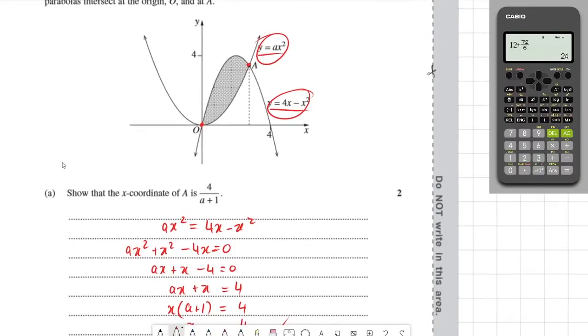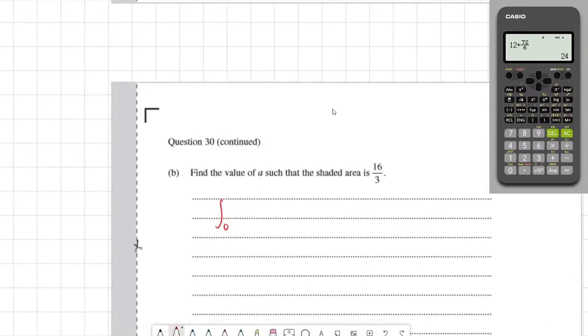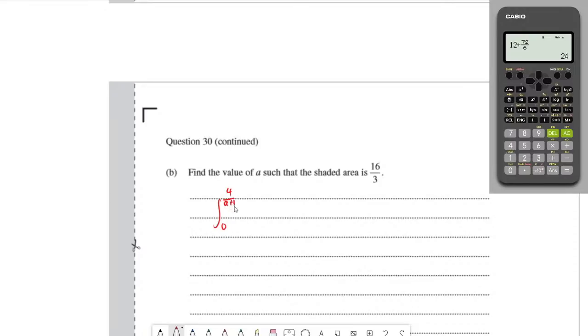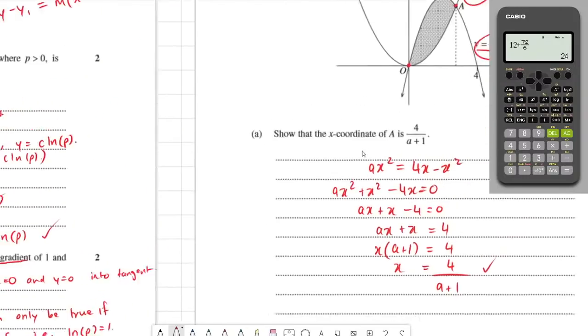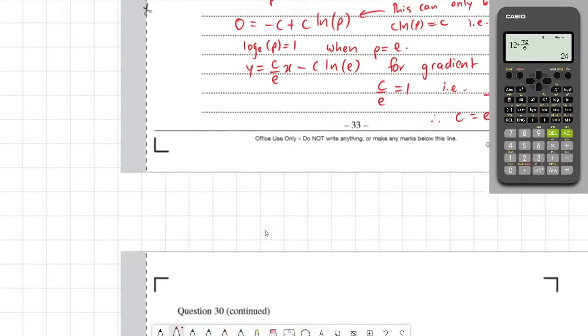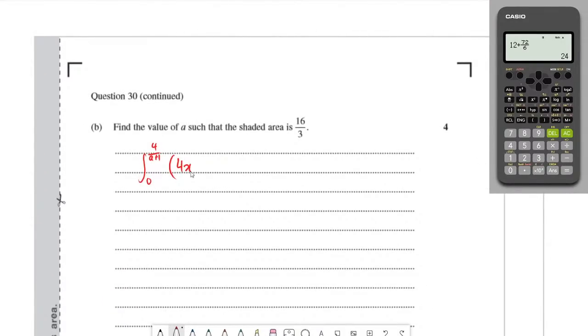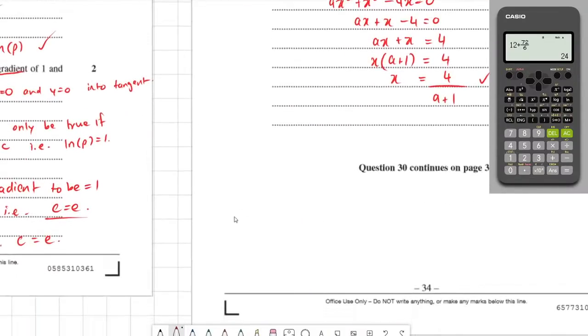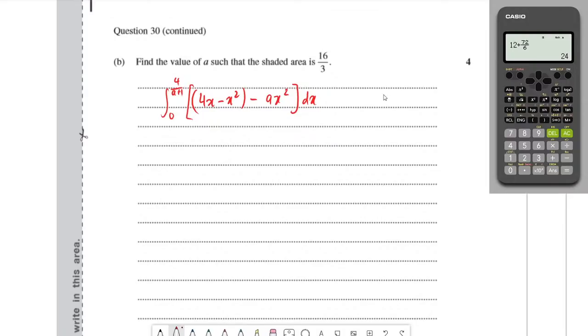So from 0 to 4 on a plus 1 of 4x minus x squared, minus ax squared, dx. Sorry, it's going to be a bit of jumping back and forth. So, let's integrate this. Nothing too tricky here. We get 4x squared on 2, so it's going to be 2x squared.